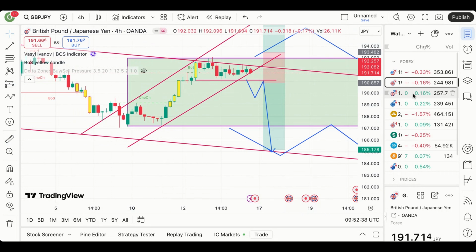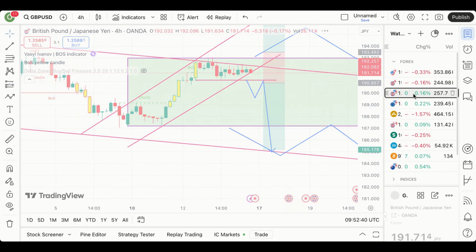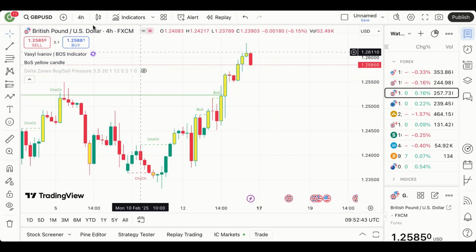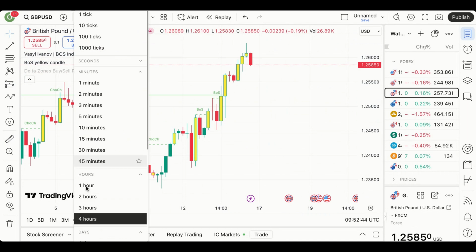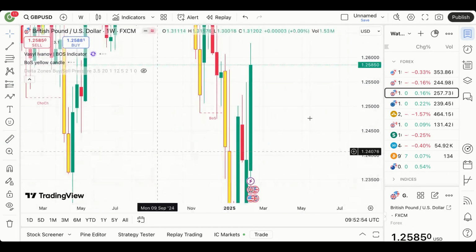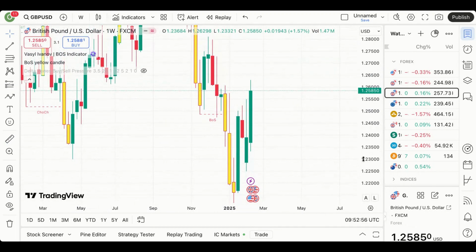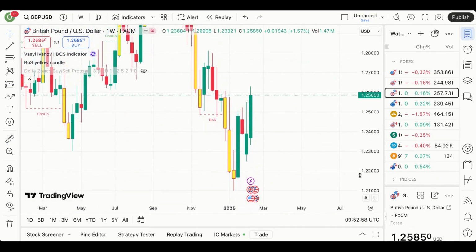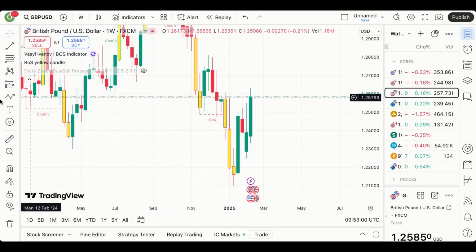And again, let's look at the market for GBP and USD. So let's go to the weekly again. We're getting familiar with the way I analyze trade now. So straightforward, you can see this is bullish.